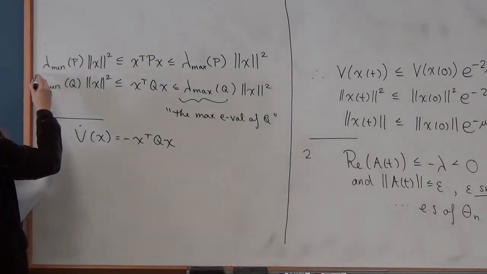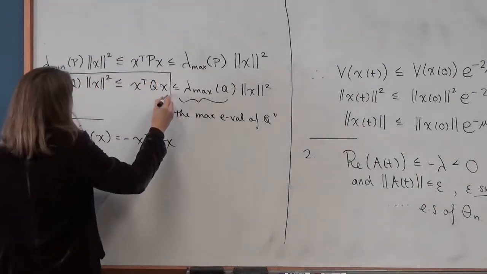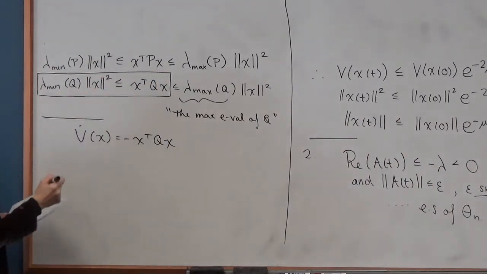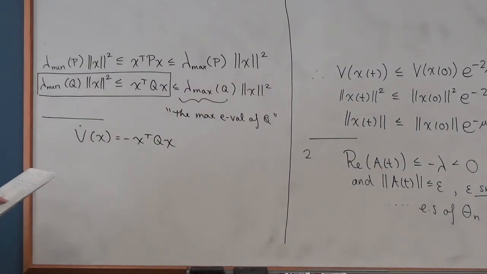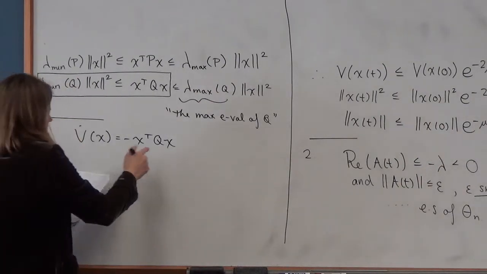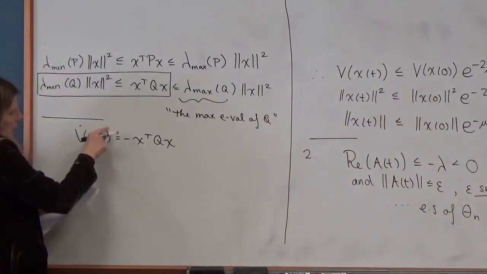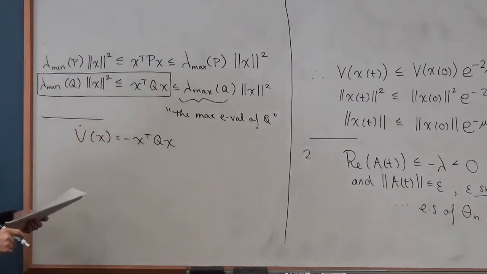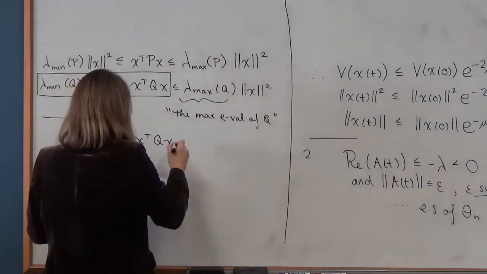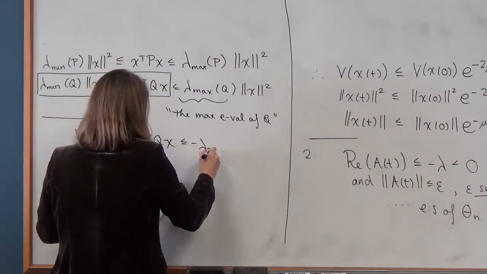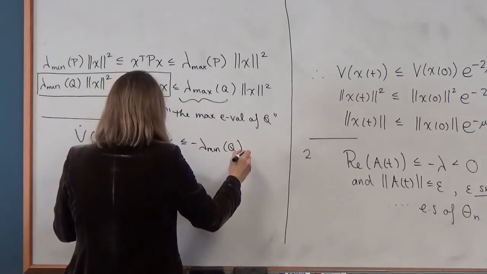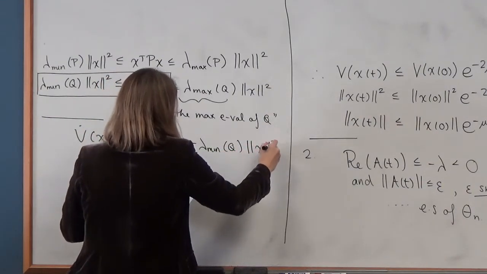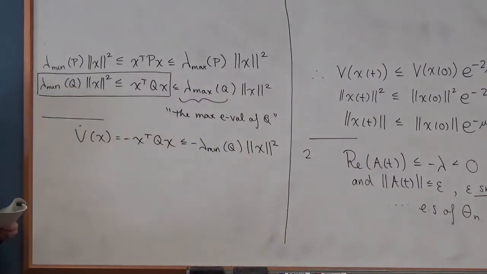I know that x transpose Qx is greater than or equal to lambda min of Q times norm x squared. I also know that all of these lambdas are positive, because that's what I assumed about P and Q. So, remembering to maintain the negative across the inequality sign, this is less than or equal to negative lambda min of Q times norm x squared, because when I put a negative, I flip the direction of the inequality.